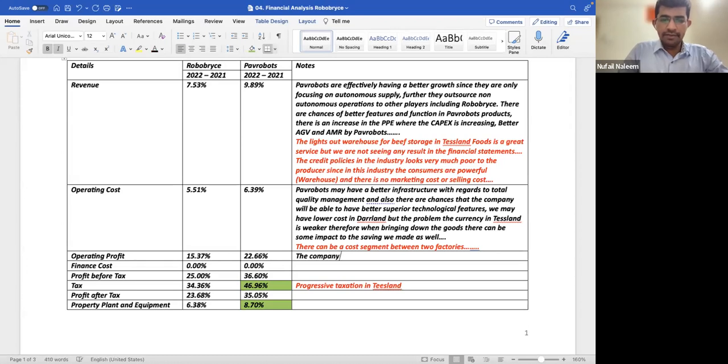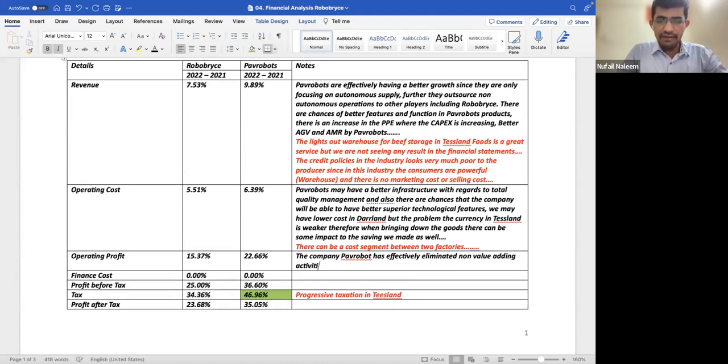The company Pavrobot has effectively eliminated non-value adding activities. Non-value adding what, students? Activities. Non-value adding activities. Students, within brackets, can I write down here lean manufacturing?